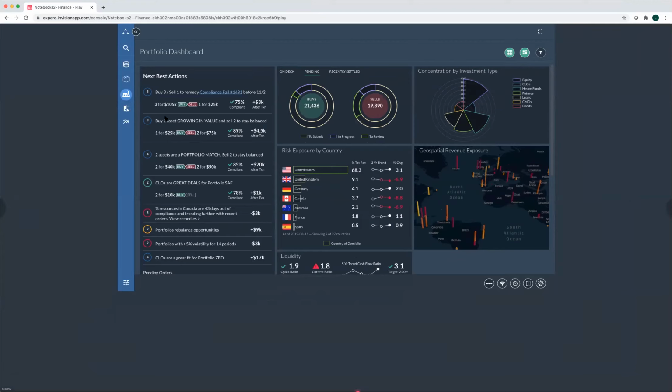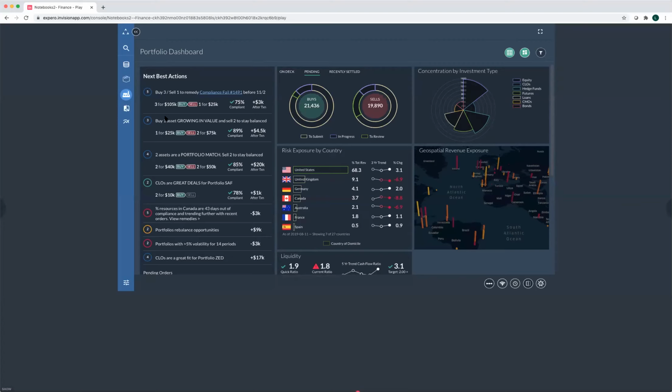Here we have a combination of CLOs and some other instruments, so we're doing more sophisticated financial instruments, but we're going to assume that we're running a little bit of machine learning. On the left are our next best actions that have been recommended by the system.